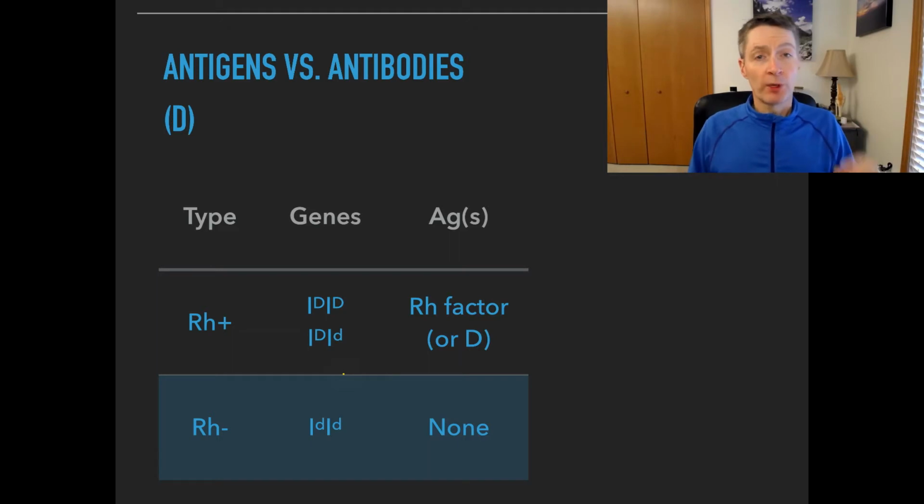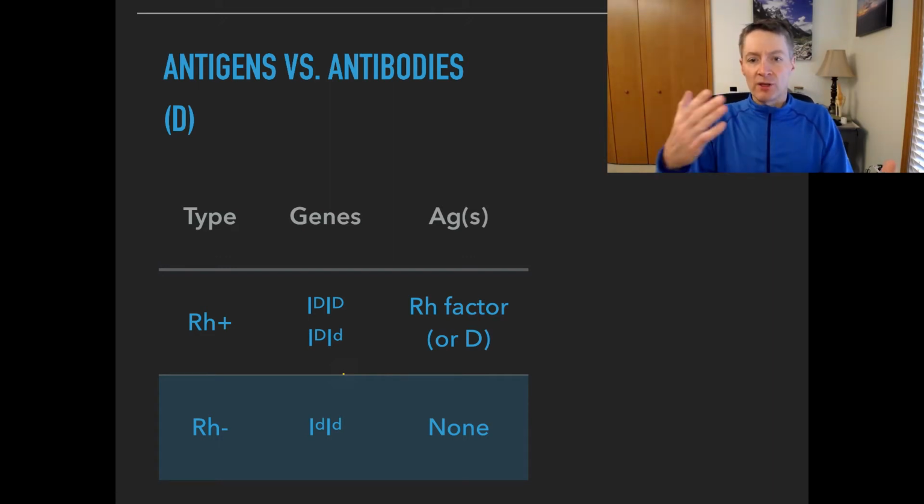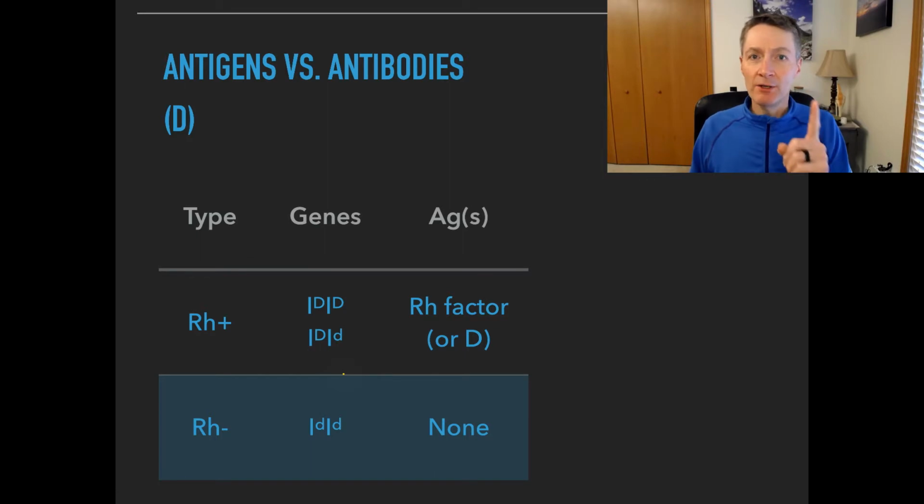Now for the antibodies you would possess, I wouldn't expect anybody who is Rh positive to make an antibody against that person's own Rh factor. So your immune system would know better. B cells would never make antibodies against an Rh factor if you're positive. But if you're Rh negative, it can happen. It's not a guarantee though.